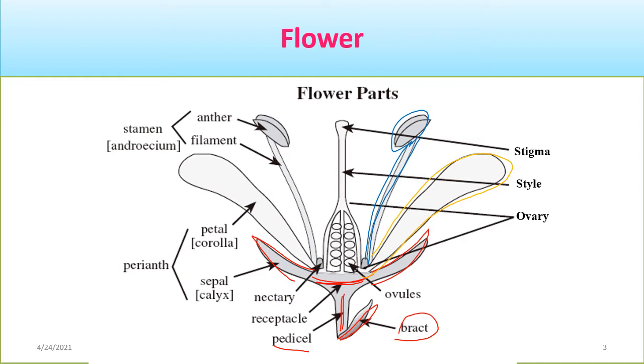And the last floral whorl is called the gynoecium. So this way there are four different whorls present, and below that there is the thalamus, there is a stalk of the flower, and this leafy outgrowth or appendage may or may not be present.